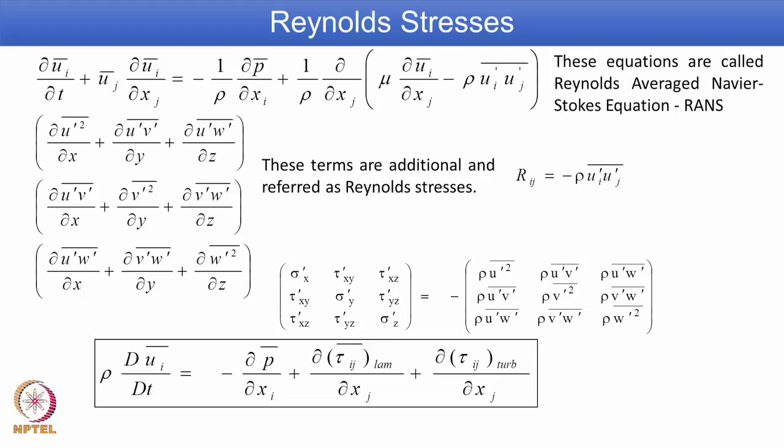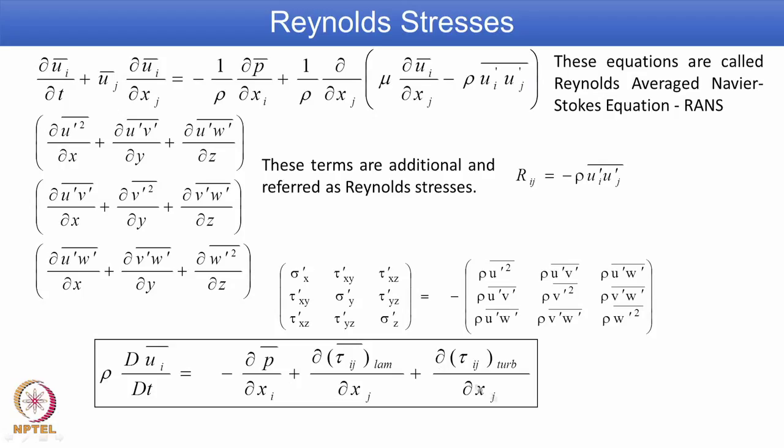On the right side you have a pressure gradient term, then there are two terms. We know already that mu is viscosity, and mu into dou ui by dou xj gives you the stress, and it is the contribution from the laminar part. So, we write tau ij with a subscript laminar, dou by dou xj, and the second part we use again the same symbol tau for stress, but it is for turbulent flow.